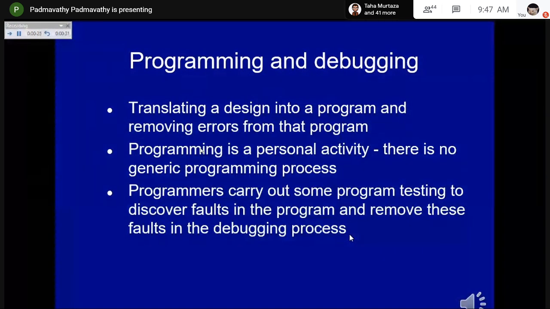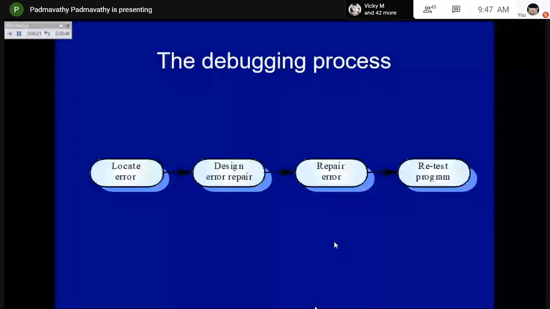You try to rectify those errors. You modify the syntax or some other detail in your program, and that process is called the debugging process. This is the same thing which is done in the industry also, in the programming stage by the programming team. The debugging process is nothing but locating the errors and then repairing the errors.